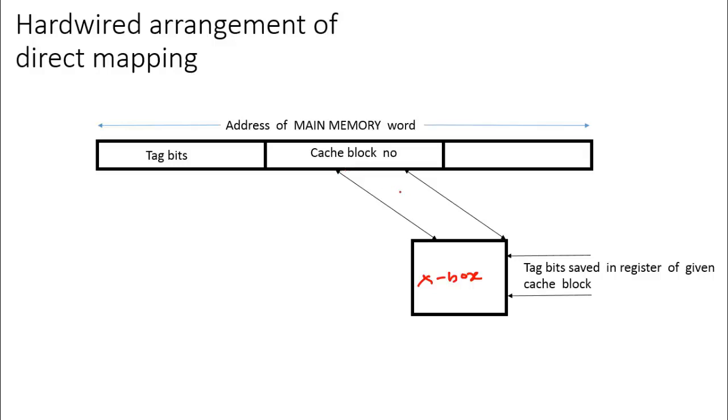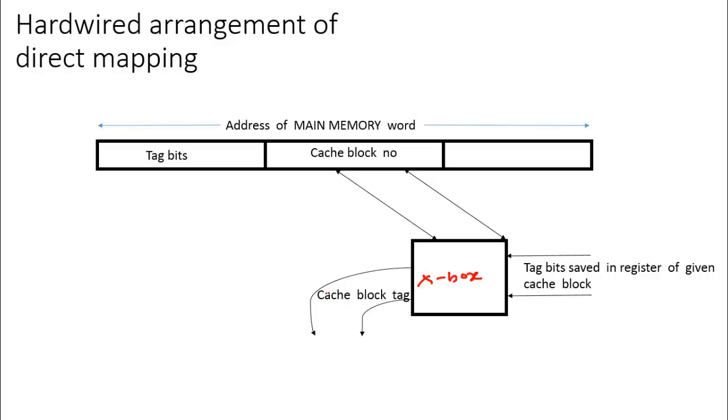I will pass the cache block number as an input, and I'll get the cache block tag of that particular number as an output. So if I pass a certain cache block number, this will give me the output of what tag number is currently saved in that cache block.